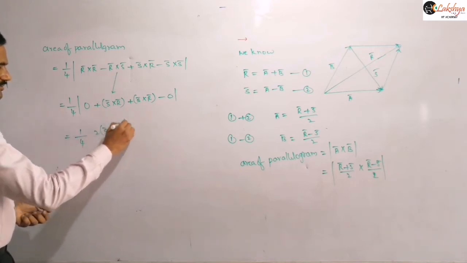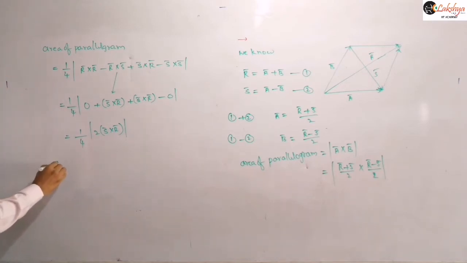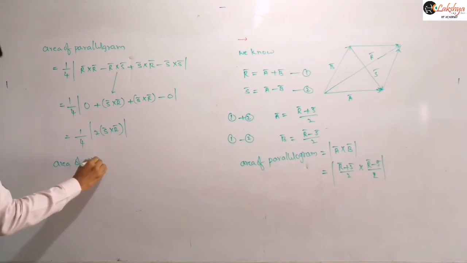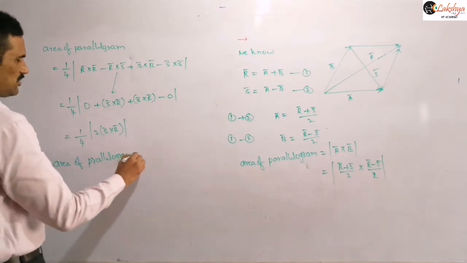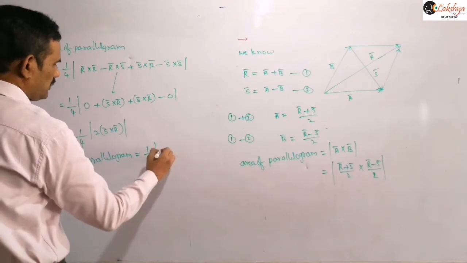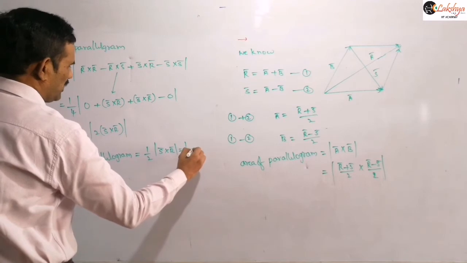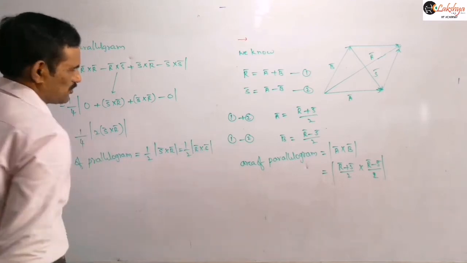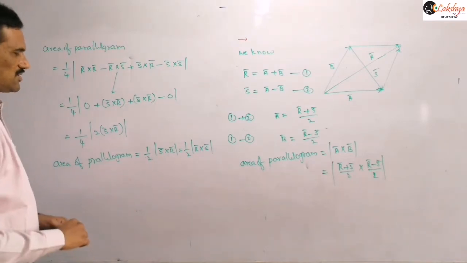And so therefore the area of the parallelogram we can write as 1 by 2 into S bar cross R bar, because we are finding the magnitude only, the magnitude of A bar cross B bar and B bar cross A bar are both the same. So mod of R bar cross S bar, or mod of S bar cross R bar, you can write.